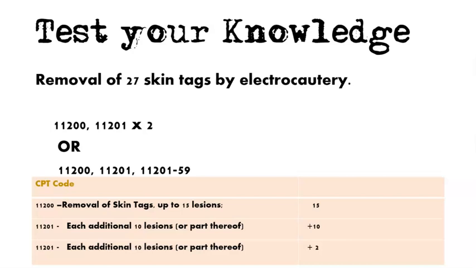They may also be coded as 11200, 11201, and 11201 with modifier 59.